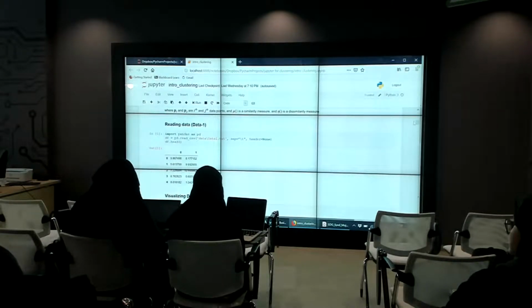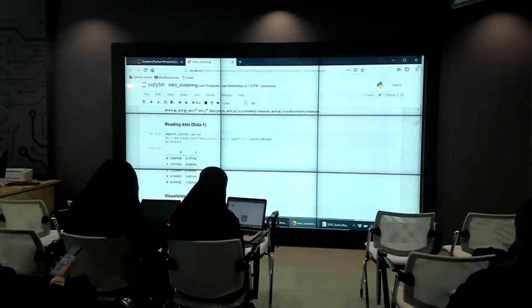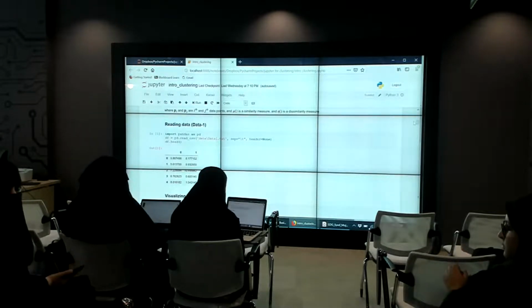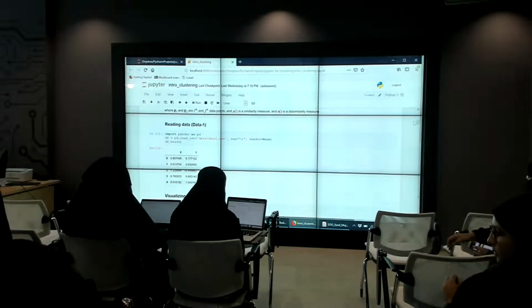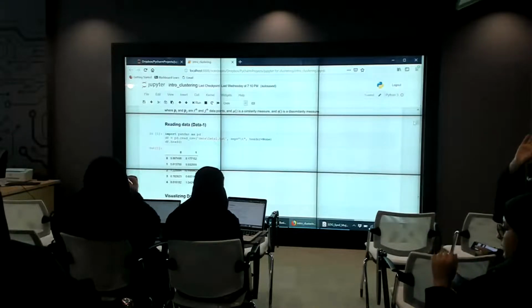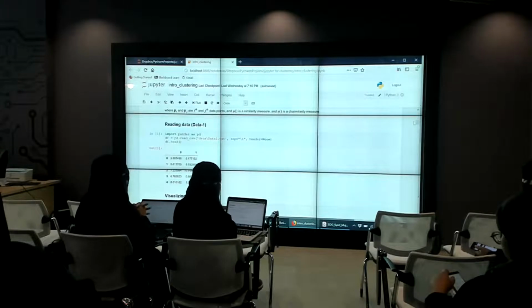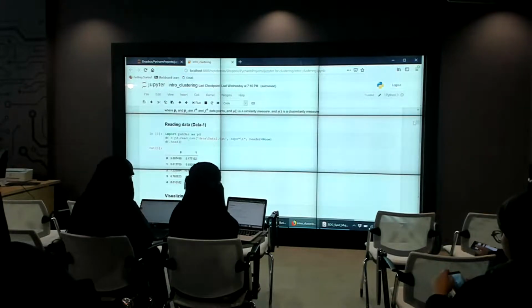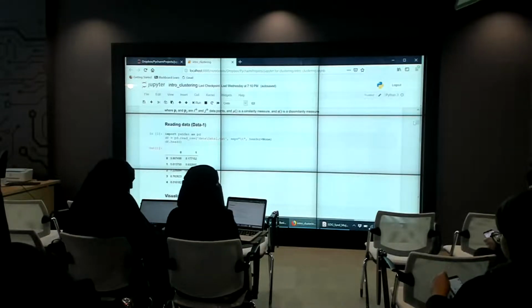Okay, so this is the same notebook that we sent you. We have sent you an email for those who are aware. If you did not receive the email, please let us know, or if you have just come, we sent it to those who registered. Anyway, if you give us your email, we'll send you the email again. You can go into the Google Drive and download the Jupyter Notebook.